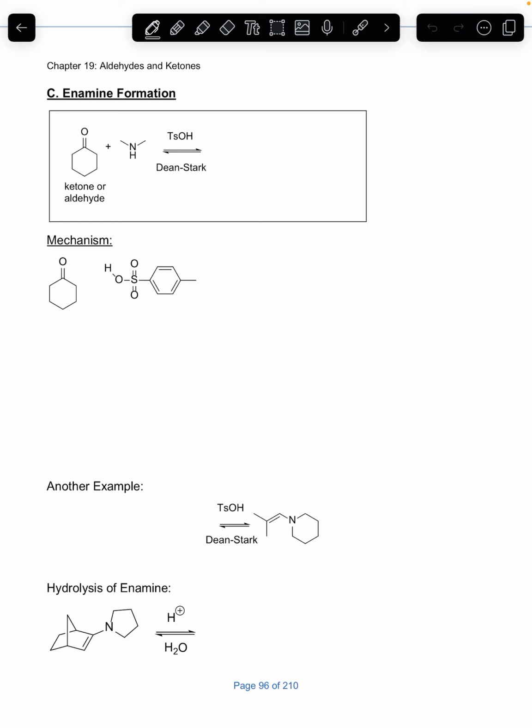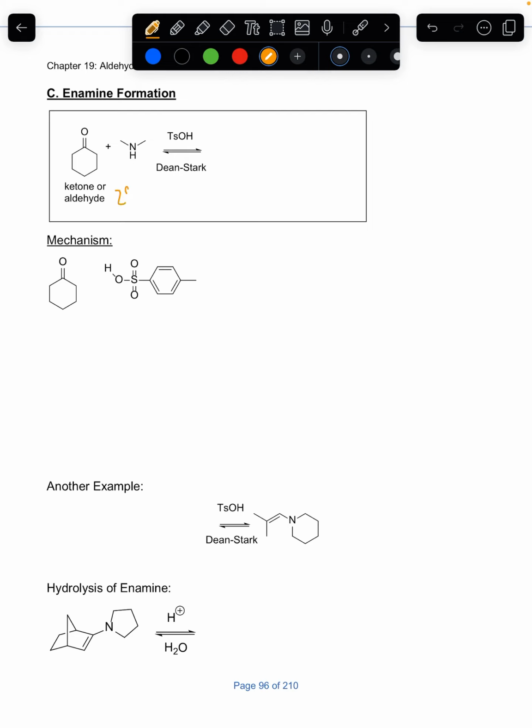But of course, a good question would be what happens if you have a secondary amine, because this is a secondary amine here, right? And it's secondary because nitrogen is attached to two carbons. So what happens, the long story short, is that you do get an enamine.